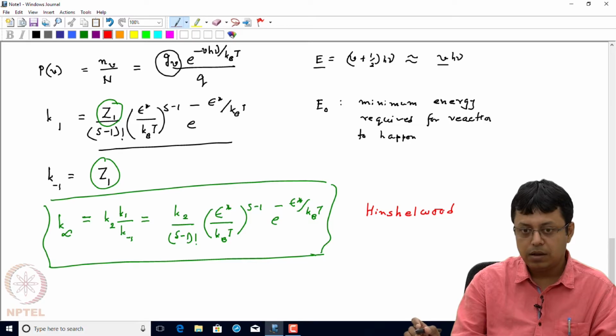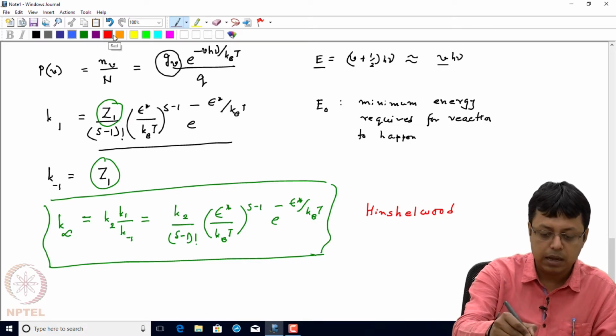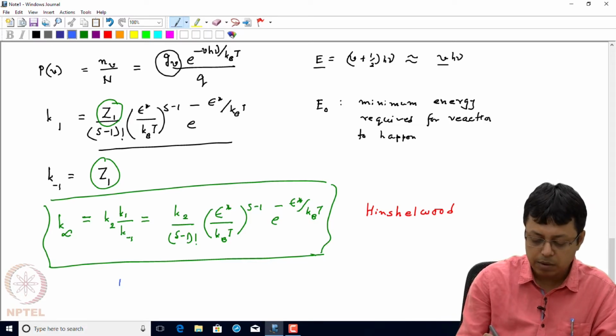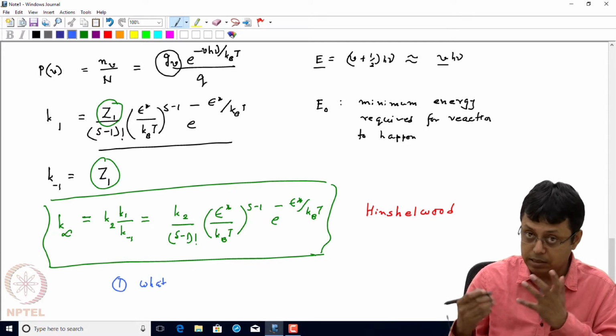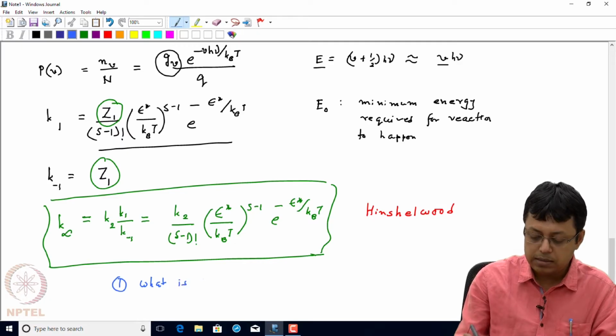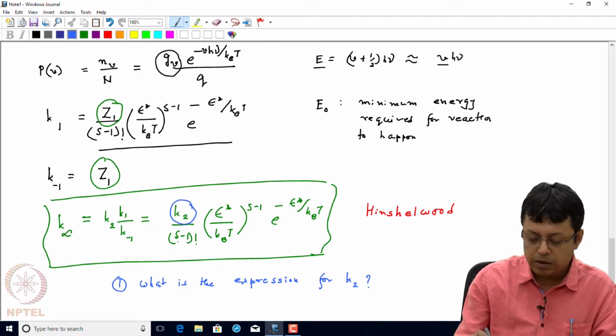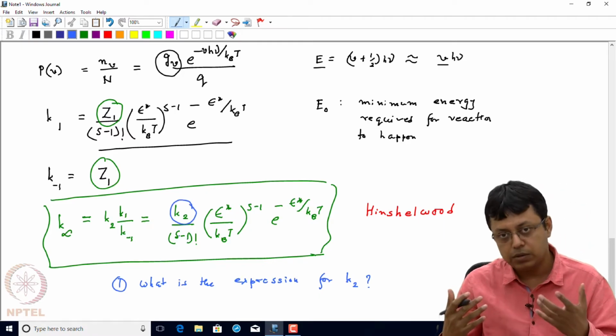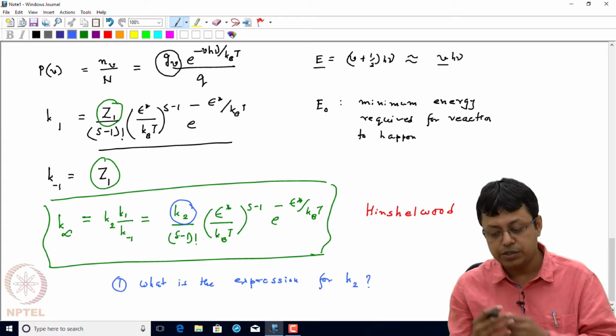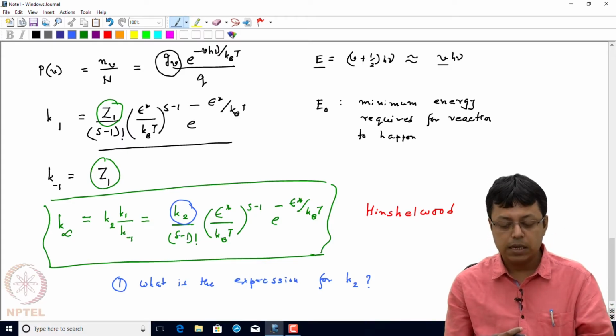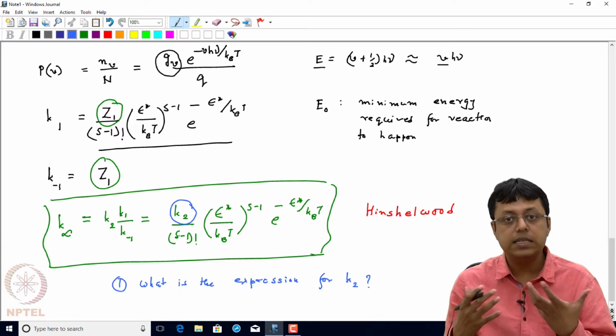Now the question that remained unanswered, the biggest question, is what is the expression for K2, because as you can see, K2 is still remaining. I know the number of degrees of freedom, I can estimate the minimum energy requirement, kBT is a constant, but then the question is, what is K2?